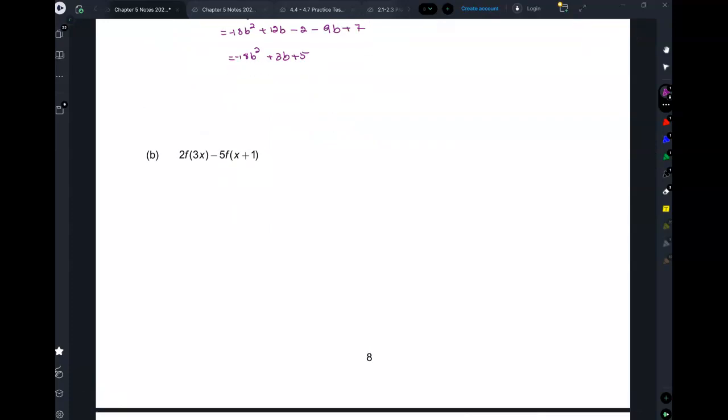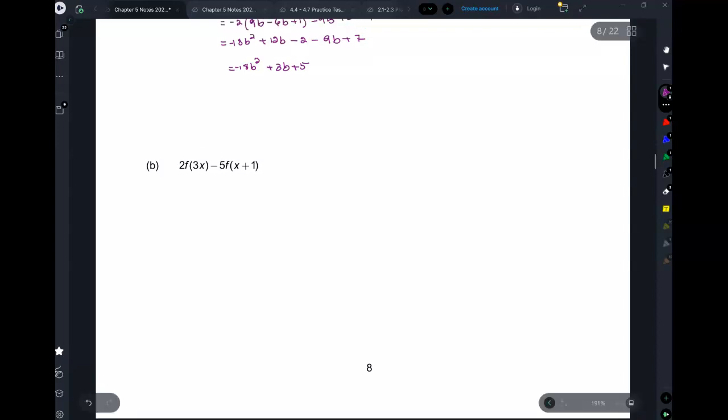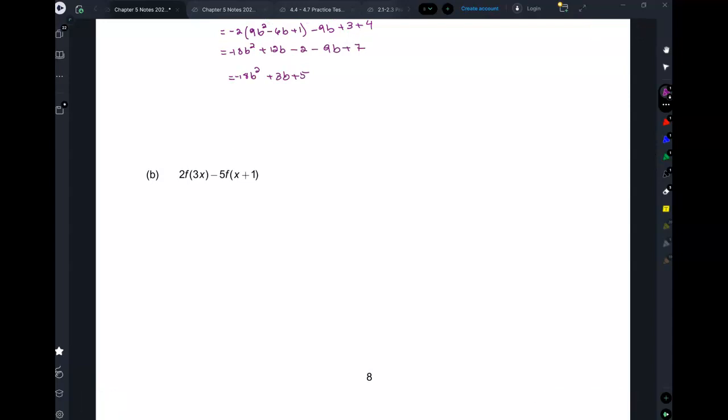Here I have 2 f of 3x and then minus 5 f of x plus 1. So this is like a whole bunch of things. So first, we're going to do this part. Okay? So f of 3x, now we're going to put 3x into the function, is going to be negative 2 times (3x) squared, minus 3 times 3x plus 4.